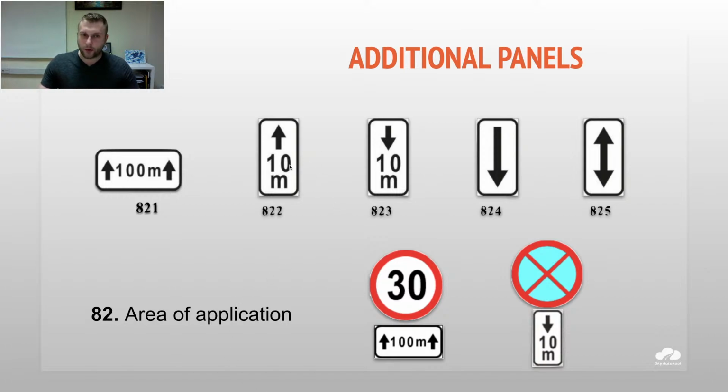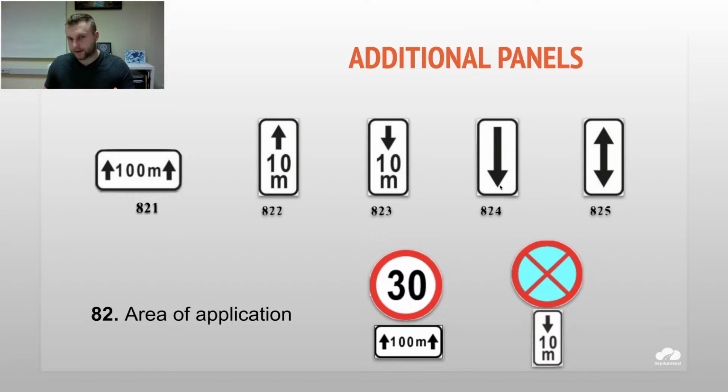And the same logic applies for these signs, for example, no standing, no parking. It means before the sign, for 10 meters, you cannot park or stand. Or if you see the sign like this, it means after the sign, you cannot park or stand for the next 10 meters. If you don't have any distance indication like here, it means the sign is valid before the sign until the crossroad.